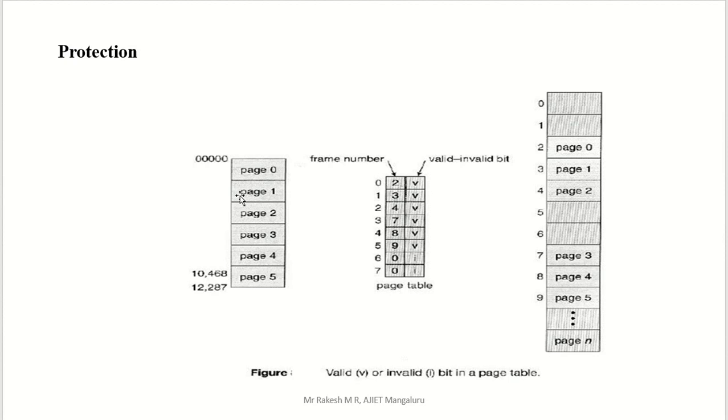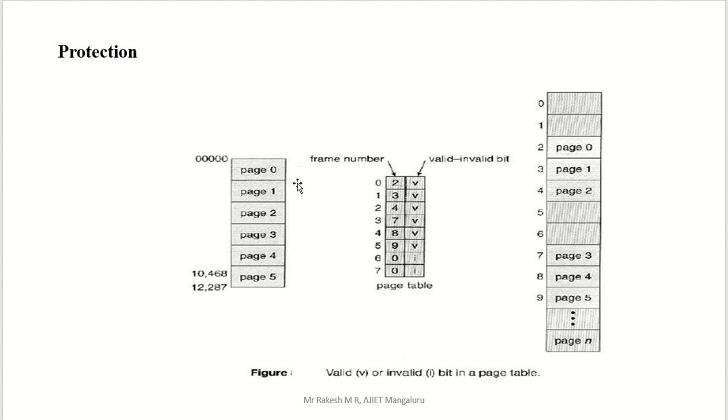So related to this page, every piece of data is there in the page table. So that is valid data. V means valid. But for the sixth and seventh pages, you can see in this page table, we don't have any frame, zero is there.